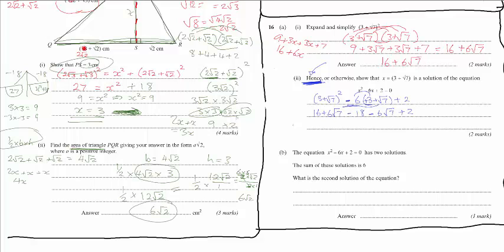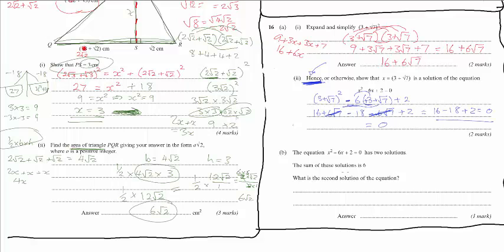You know straight away that plus 6 root 7 cancels with this minus 6 root 7. Tongue twisters, man. Then you're just left with 16 minus 18 plus 2, which I shouldn't really have to show you much, equals 0. Okay? So that's it.